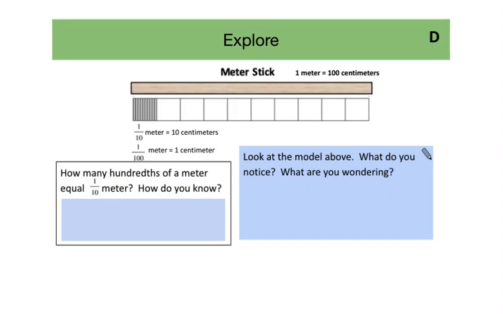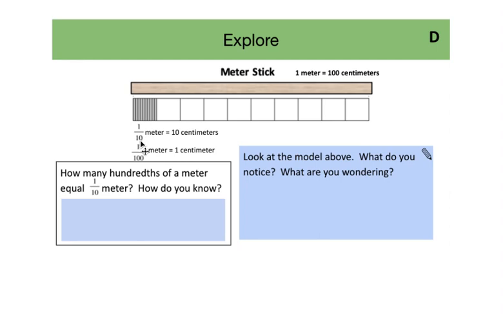So here on slide D, we have that same model. So we have that meter stick, and it's reminding us that 1 meter is equal to 100 centimeters. Now we have the model, the tape diagram, being divided into 10 parts, but the first part that's shaded is broken further apart into 10 additional parts.